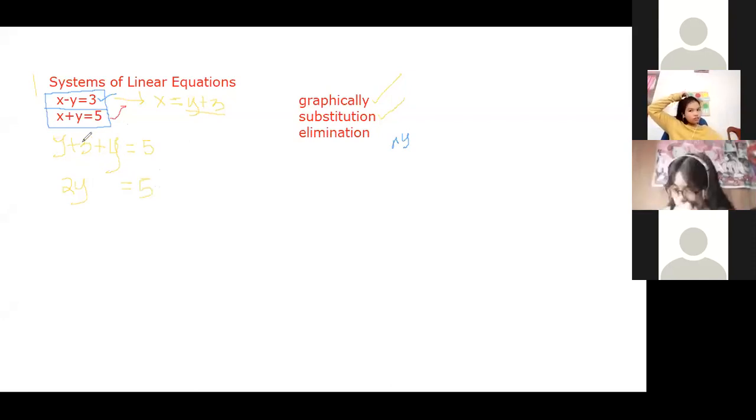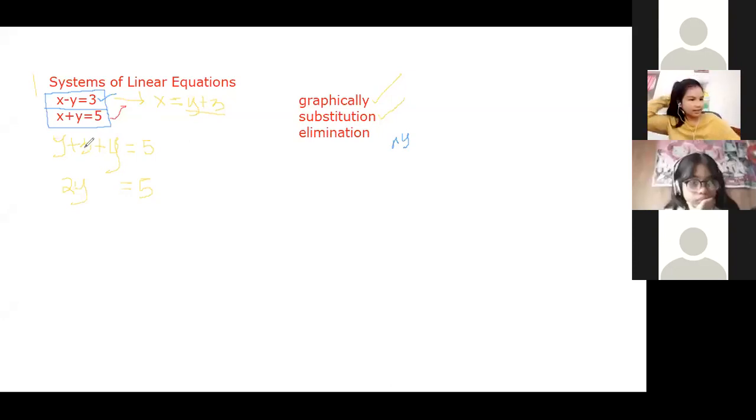And then, 3 is transfer it to the other side.